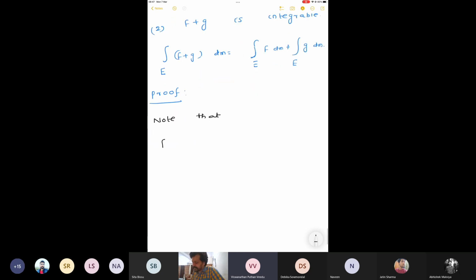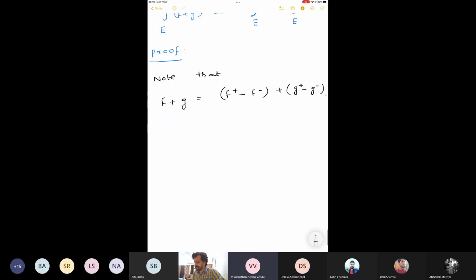Note that f plus g is f plus minus f minus plus g plus minus g minus. But f plus g has a decomposition, f plus g positive part minus f plus g negative part.